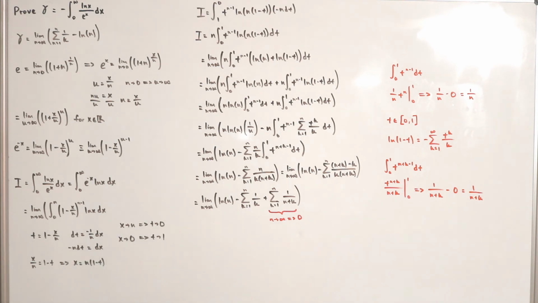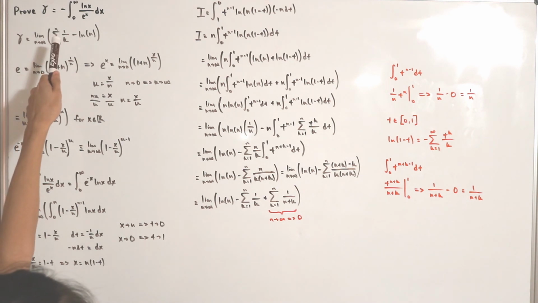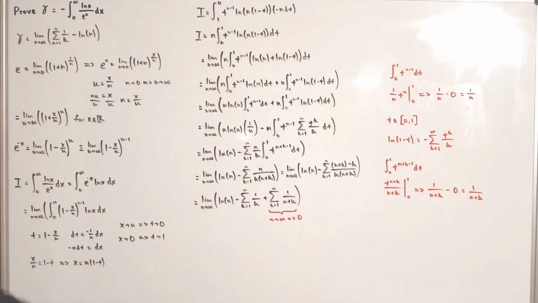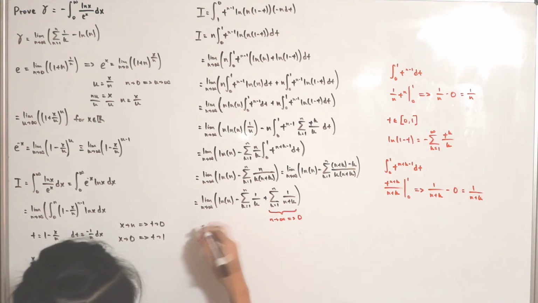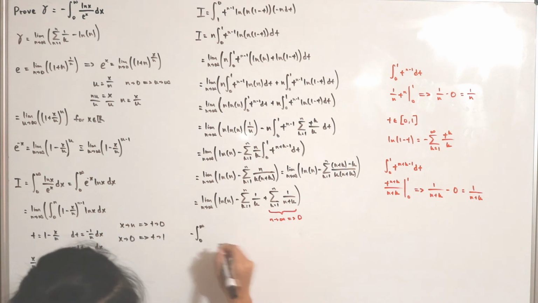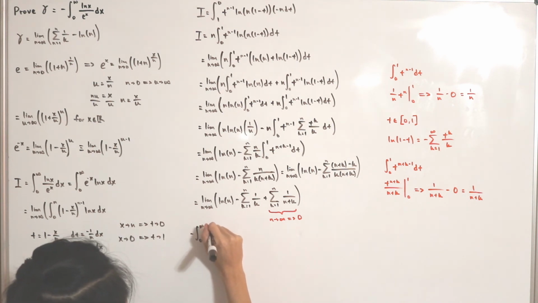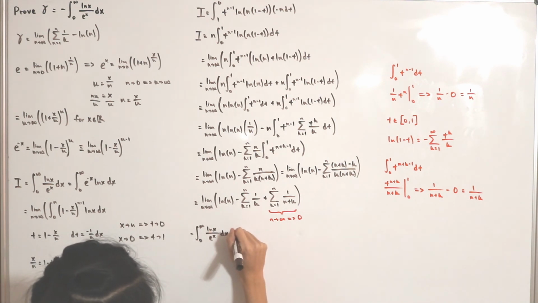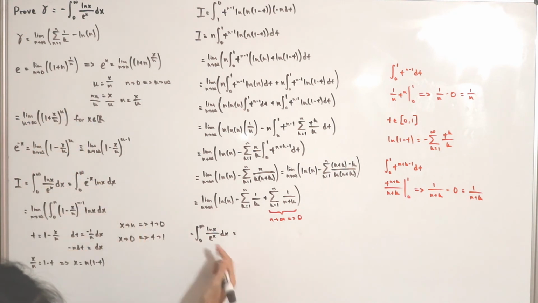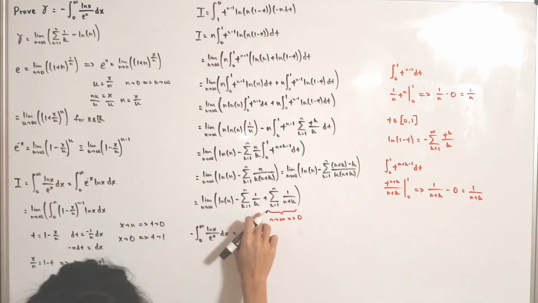But don't forget, we also started with the negative integral from 0 to infinity of ln of x divided by e to the x. So let's multiply the negative. Let me rewrite from before: we have the negative integral from 0 to infinity of ln of x divided by e to the x dx, which is equal to, since we just focused on evaluating the positive integral of ln of x divided by e to the x, let's simply multiply the negative to this limit here.